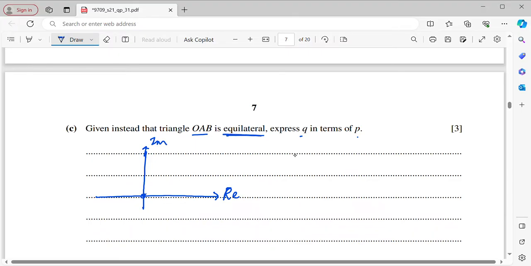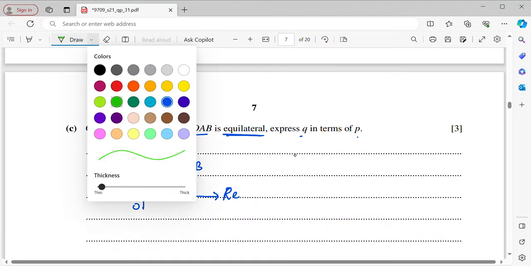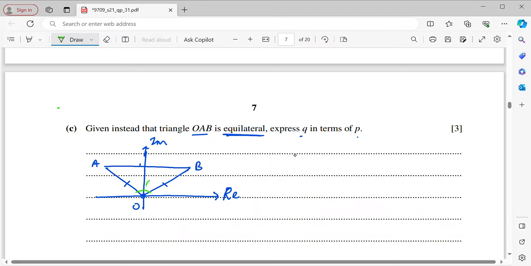Equilateral means all the same length. Okay, let's say here is the O, this is A, here is B. Other than the same length, there are also the same angles. So here will be 60, then here 60, and this is also 60.